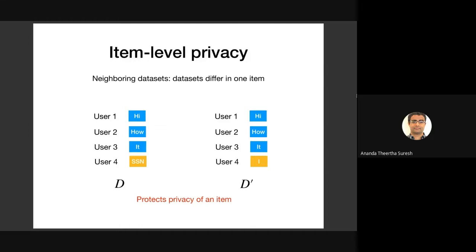For example, here you have two data sets, D and D prime, both consisting of data from 4 users. They have exactly the same data except in user 4, where in one case it's SSN and in the other case it's the word I. This we call item level privacy because, loosely speaking, the goal is to protect the privacy of an individual item.